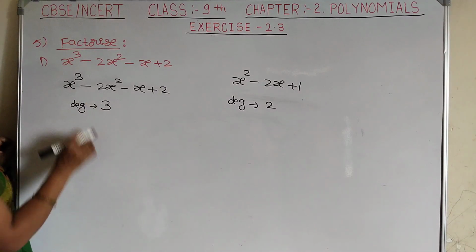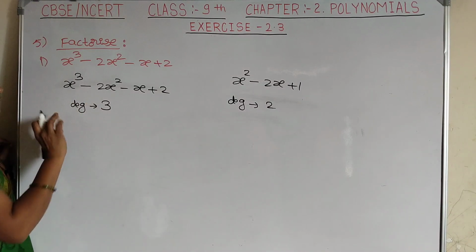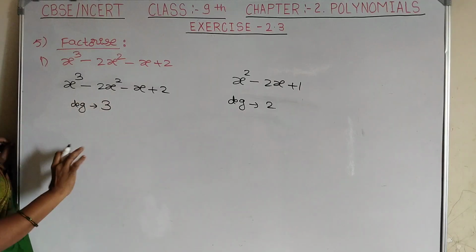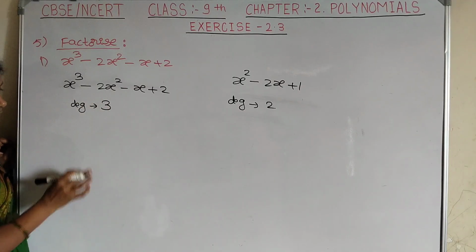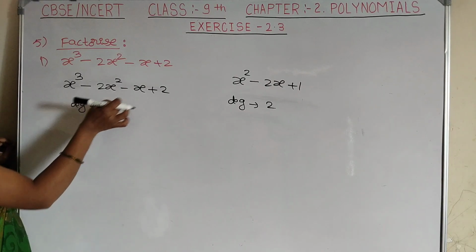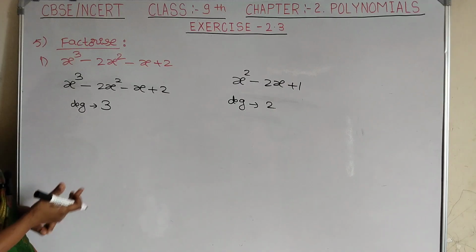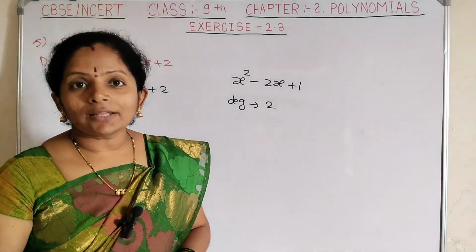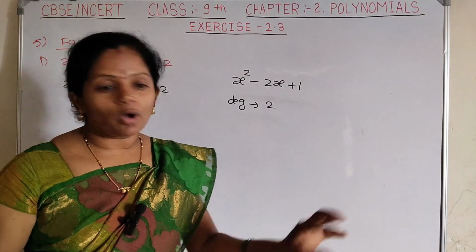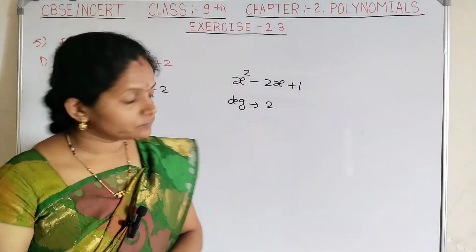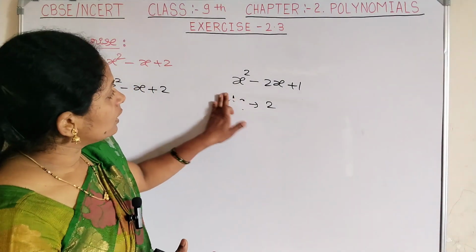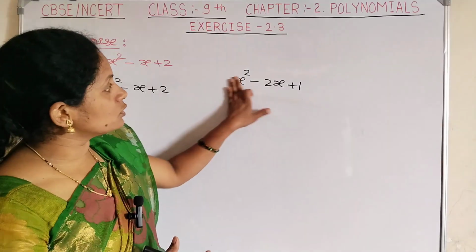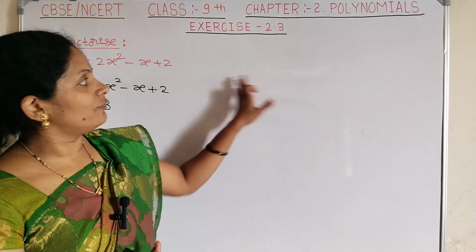For this also, as the degree is 3, we can factorize the given polynomial into 3 factors and we can get 3 roots. Solving the equation, finding the roots, factorizing the given polynomial, all these are synonyms. If somebody asks you to get the factors or get the roots of this polynomial, you have to do the same thing.